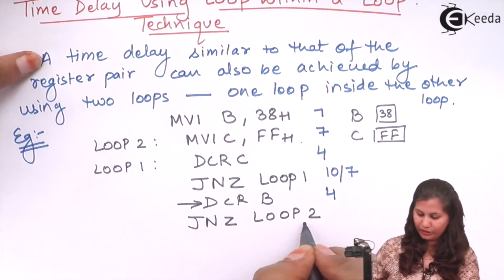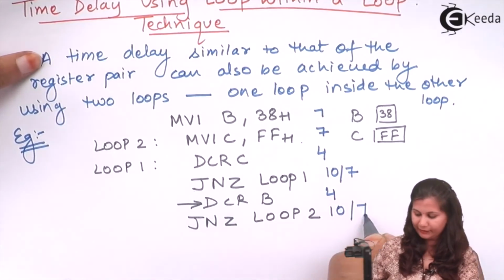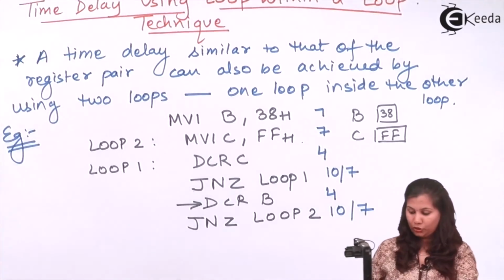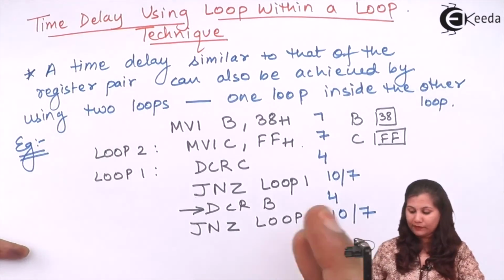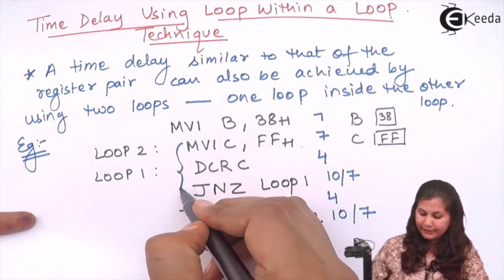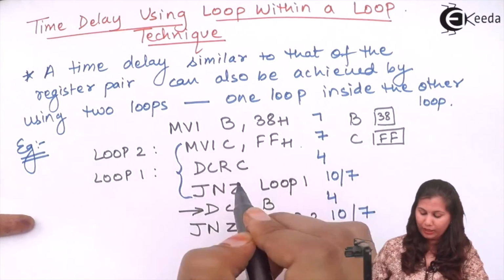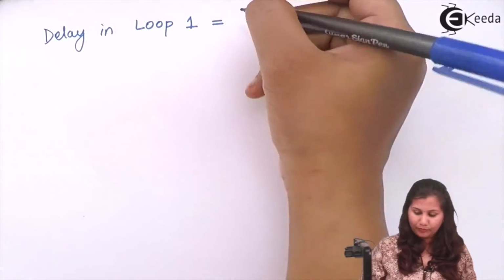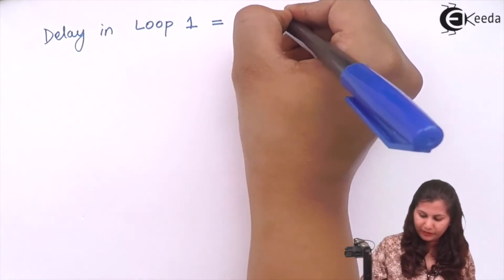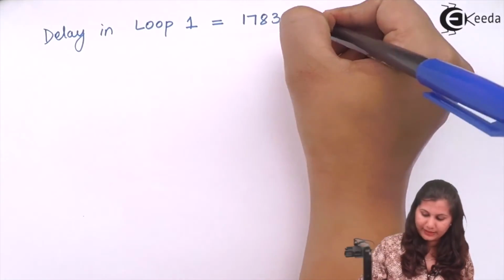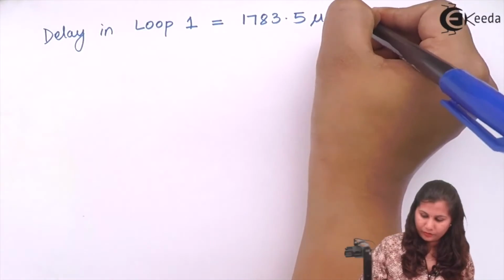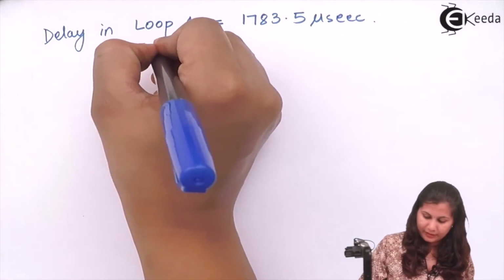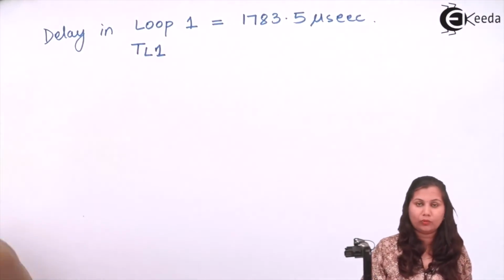DCR B will have 4 T states and this will again have 10 by 7. So using the same formulas, we can calculate the inside loop, that is loop 1, time delay. It comes out to be, as we have already calculated, 1783 microseconds. We denote it as TL1.